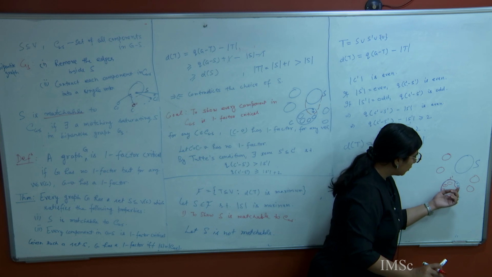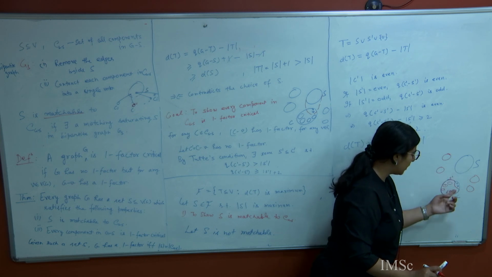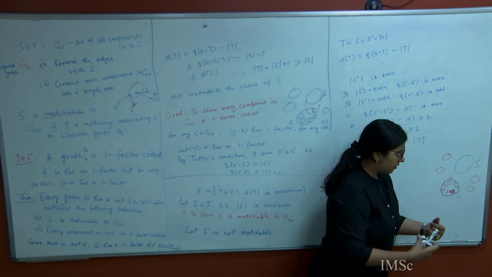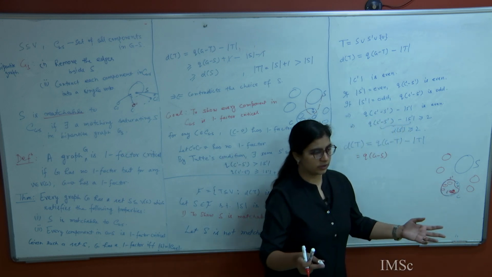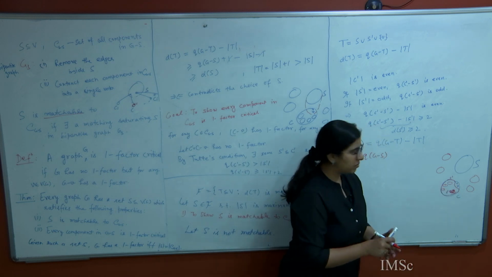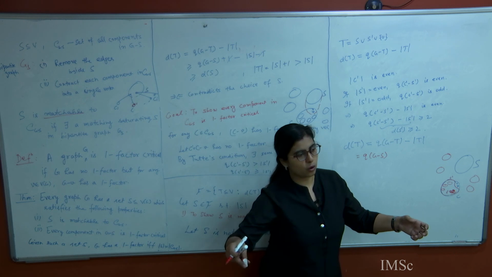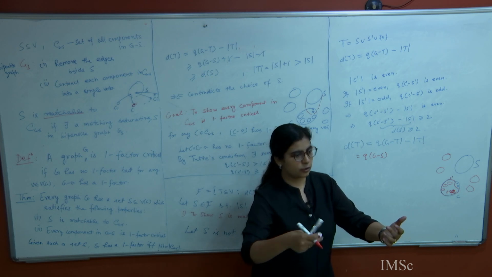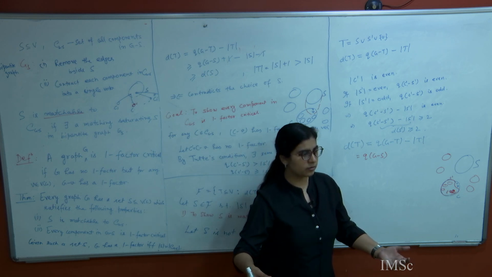Because I have put this V in S, I have included this S prime here, so I may introduce some new components. After removing this S prime and V, this C may have introduced many new components, right. How many odd components have I introduced? That is Q(C prime minus S prime).